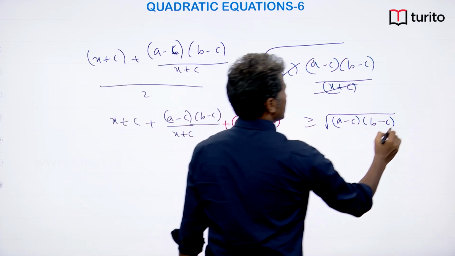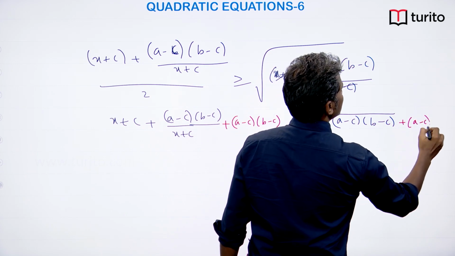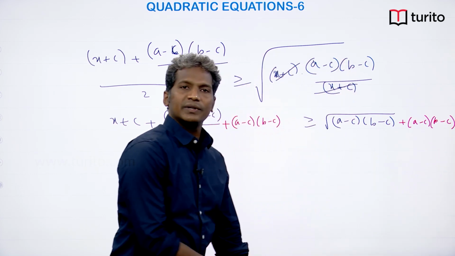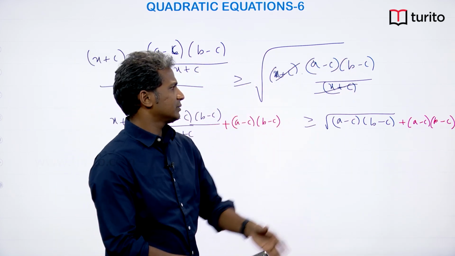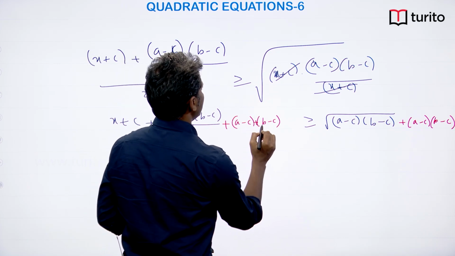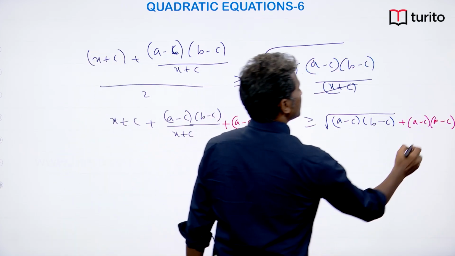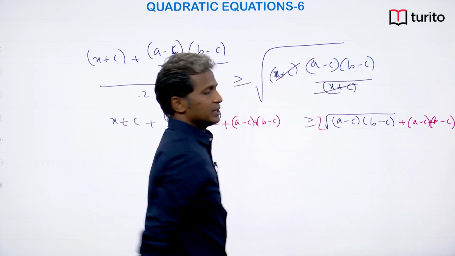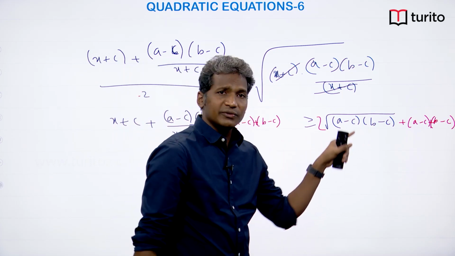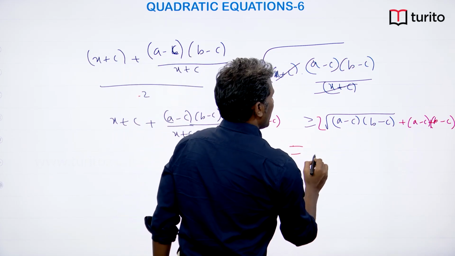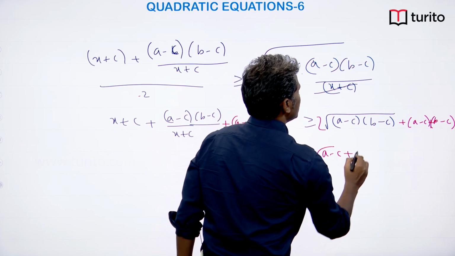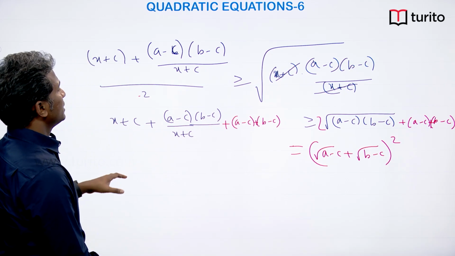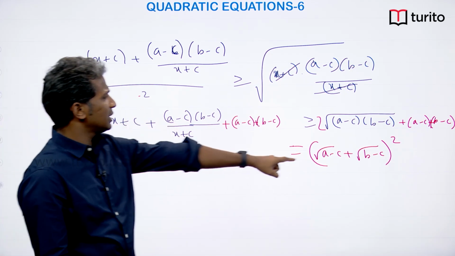So I can just add it over the inequality, because it is a positive number, so it is valid. In fact, even if it is a negative number, it is also perfectly valid. So this must be a plus sign here, and because this 2 has gone this side, it becomes 2 here. So this RHS can be further simplified as root of a minus c plus root of b minus c, whole square. So we can say that the minimum value of this entire function is this one.